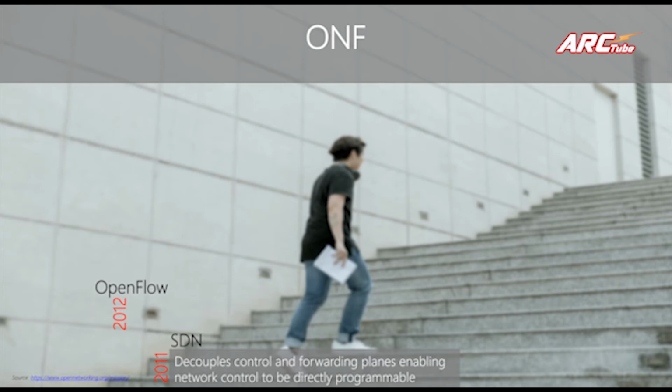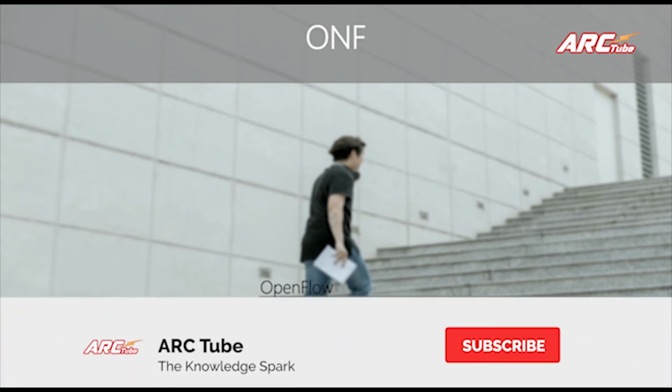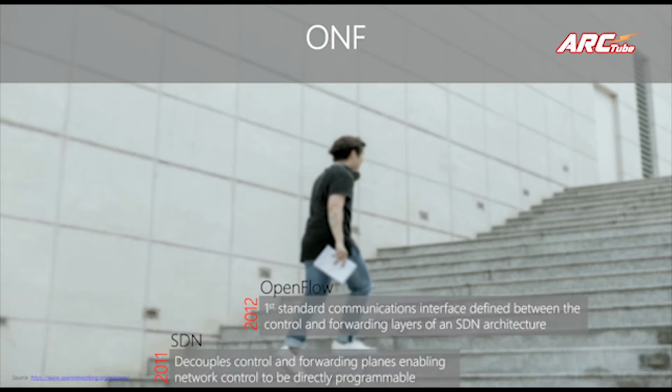And then in 2012, ONF also started working on OpenFlow as a protocol, and it is the first standard communications interface defined between the control and forwarding layers of an SDN architecture. So since 2012, ONF is supporting the work of OpenFlow.